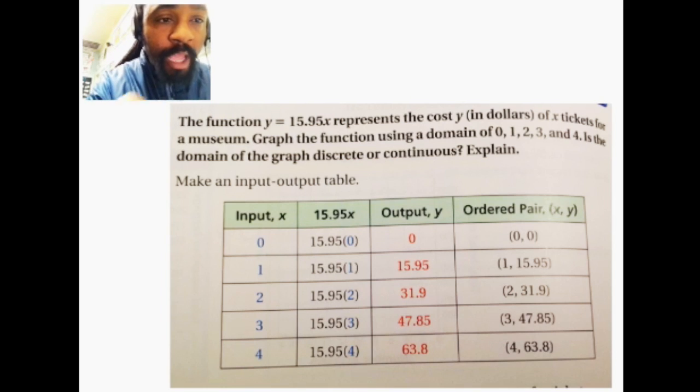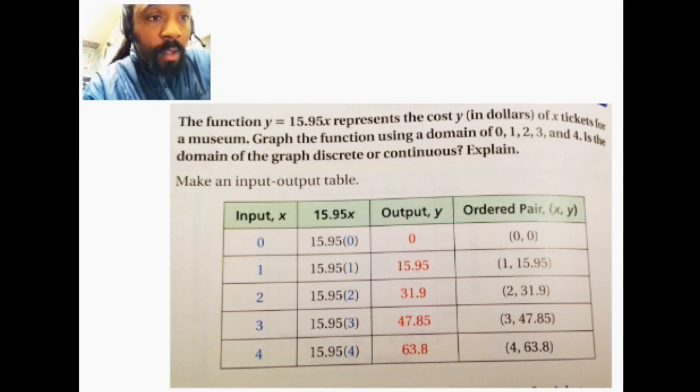But you are not able to buy a partial ticket. So if you see here, all of these are the individual tickets bought. And using this function, which is like your equation, you plug the x in, you do the math, and you get your output. That is your range. These are all discrete.